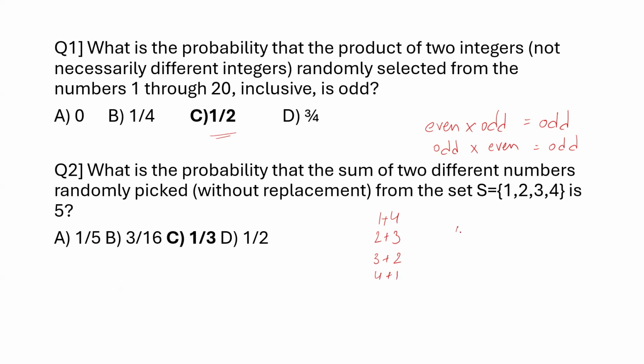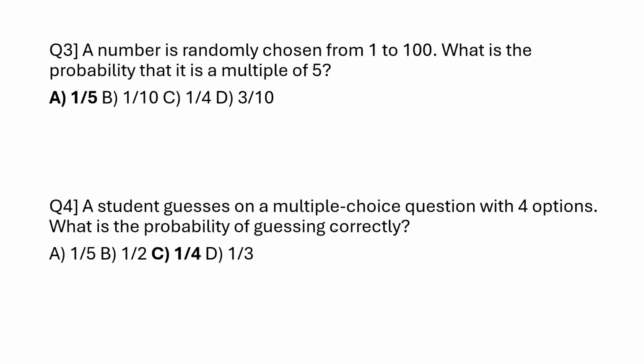So total 4 possibilities. And then how many possibilities are there to pick them? It is 4 into 3, because you are not replacing it. So this will give you 4 by 12, that is 1 by 3. So you just have to count, right? Without replacement. We have already done a similar kind of problem.